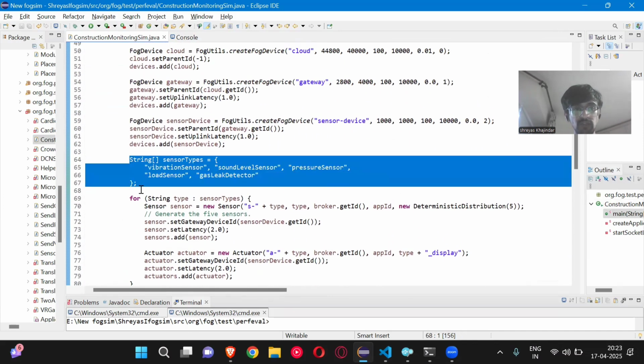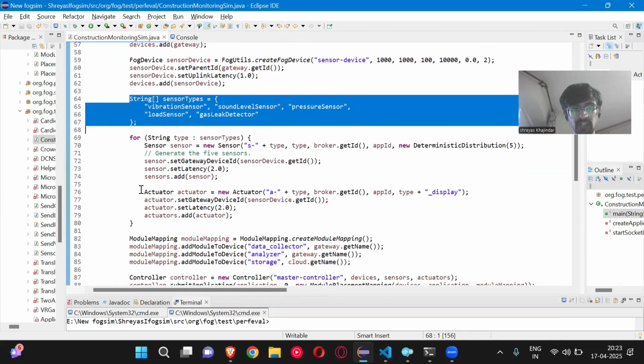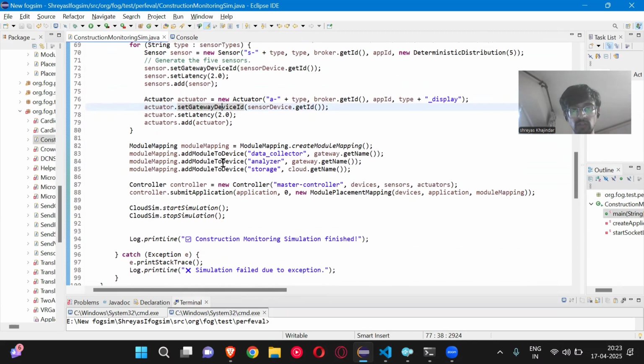These are the five sensors under this construction sector, for monitoring the types of warnings and alerts.